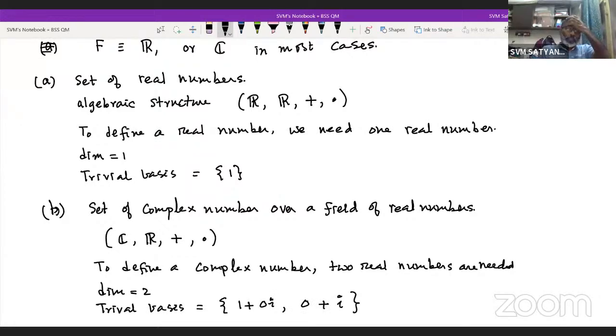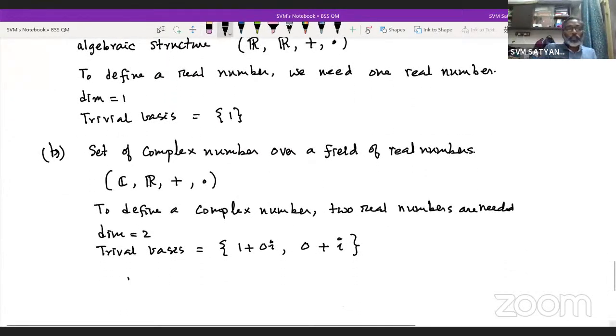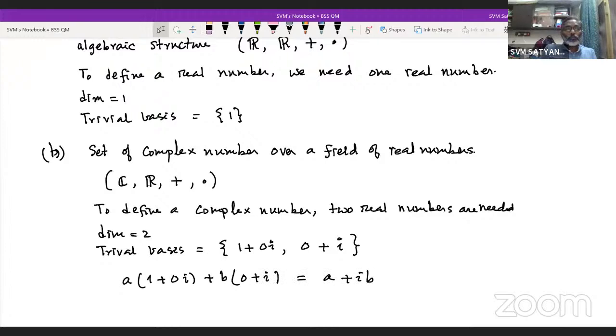You multiply a real number with this and another real number with this. So let's say a times (1 plus 0i) plus b times (0 plus i) will give you a plus bi, such that a and b are real numbers, correct? So these are the two complex numbers which can serve as a basis of this.